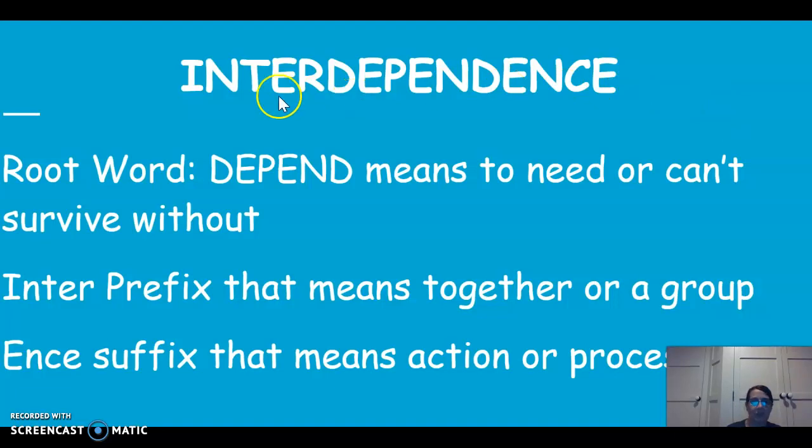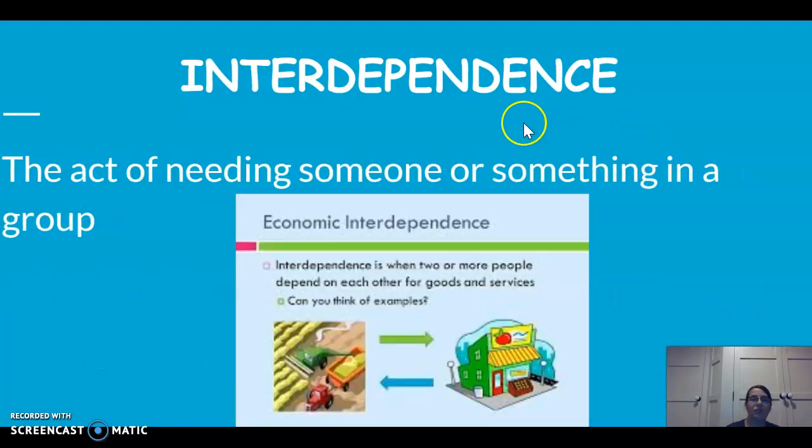Now, if we look at this, inter is a prefix that means together or in a group. Ence is a suffix that means an action or a process. So interdependence means the act of needing someone or something in a group. So we've been talking about economics. Economic interdependence means when two or more people depend on each other for goods and services.